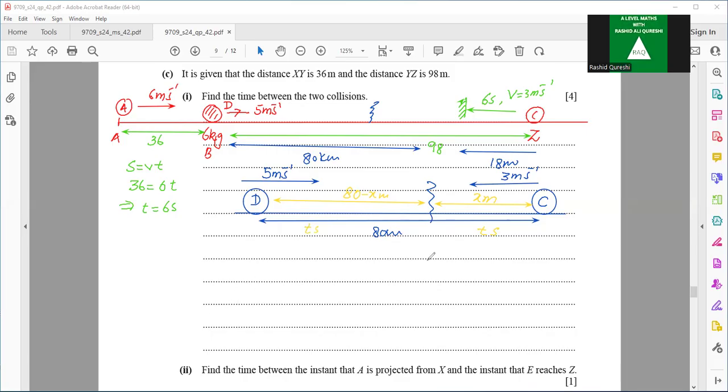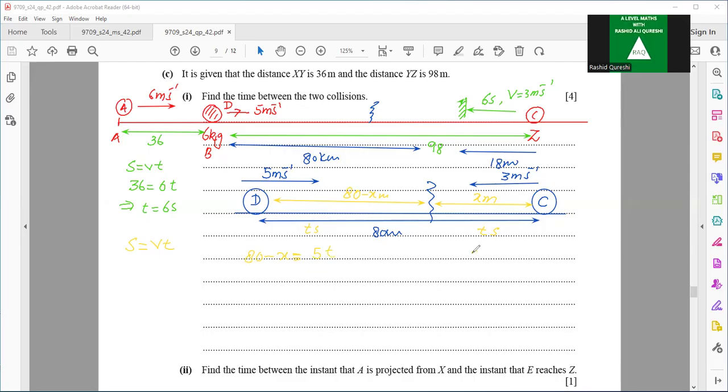So the distances are given, the time is the same, but the velocities are different. How will you calculate this? For particle D, the formula is S is equal to VT. So the distance 80 minus X meters is equal to velocity 5 and time T seconds.